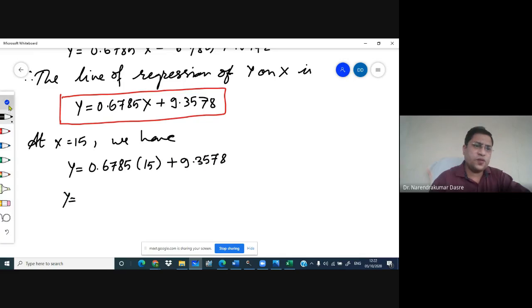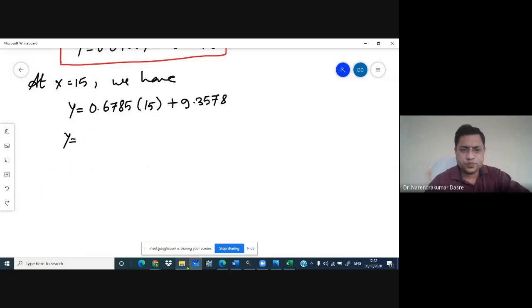So what is the value of y you are getting here? 19.53 or 19.45? You have the same numbers, but you are getting different answers. It is near about 19.53. Okay, fine, 45 and 53 you are getting.